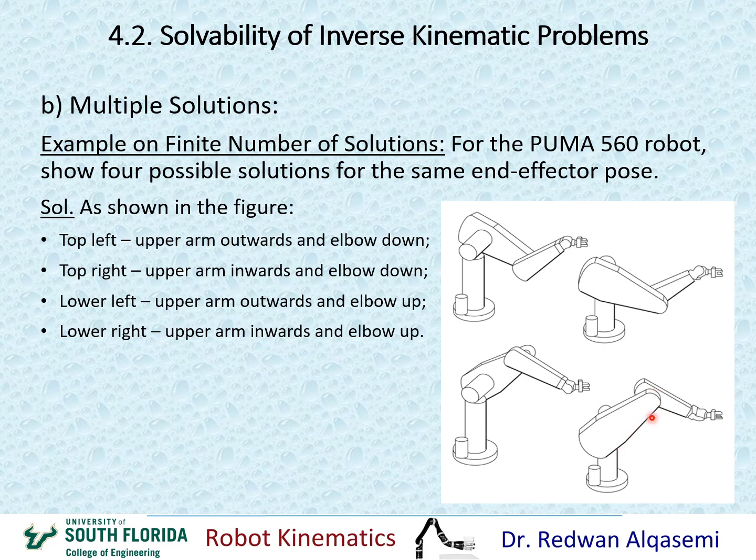So the difference between this and this, again, is elbow down here and elbow up right here. So all of these four solutions are valid solutions that would take the end effector to the exact same point, but the configuration of the arm looks different because the joints are different in each one of these configurations.